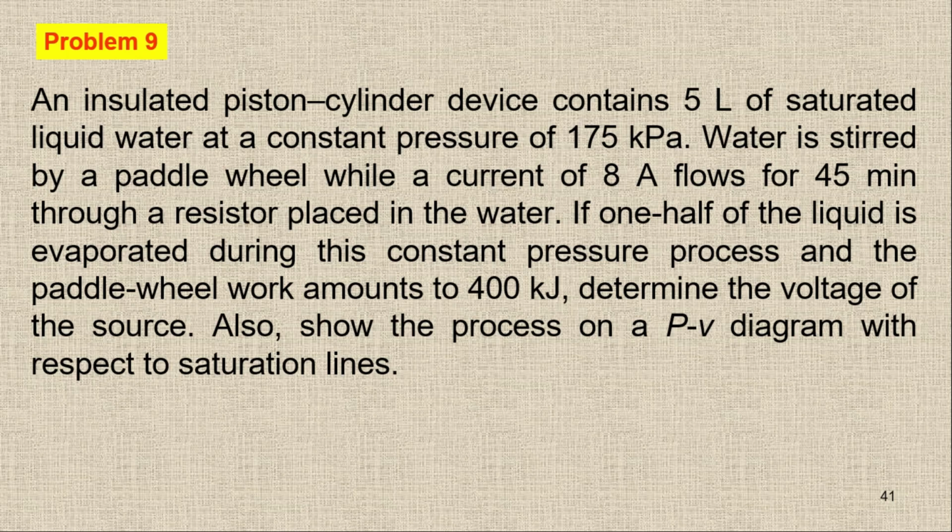The value of current is given, and you have to find the value of voltage while the pressure is constant, which is 175 kilopascal. And the question also requests to show the process on the PV diagram with respect to saturation lines.